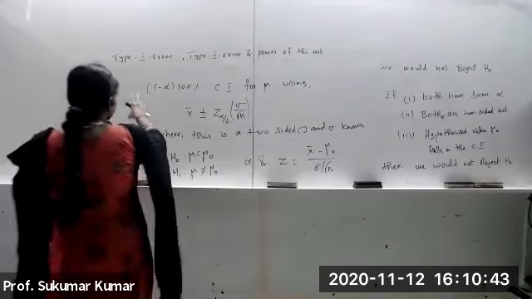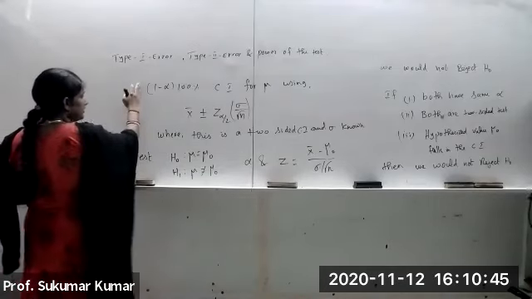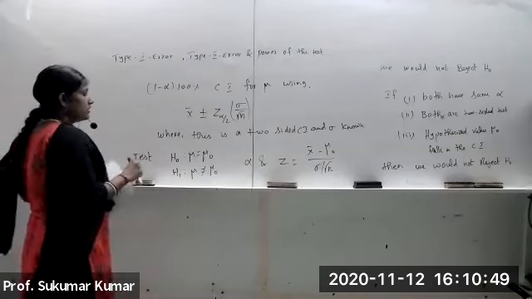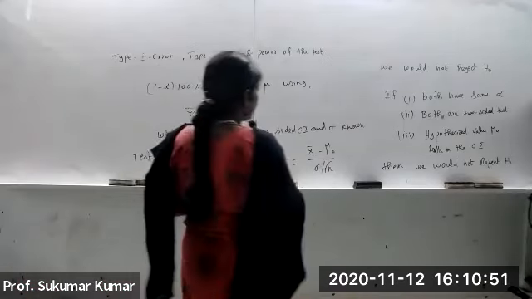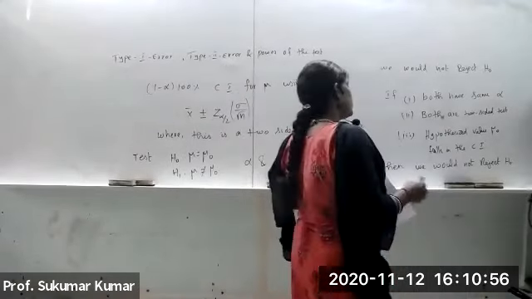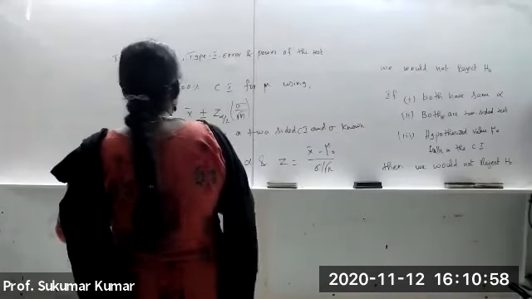So this is the confidence interval part, and this is hypothesis testing. If both satisfy some conditions, then directly our conclusion is we would not reject H naught.